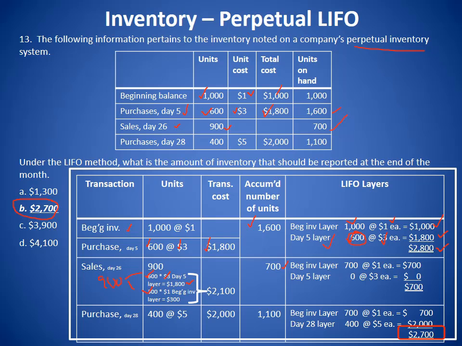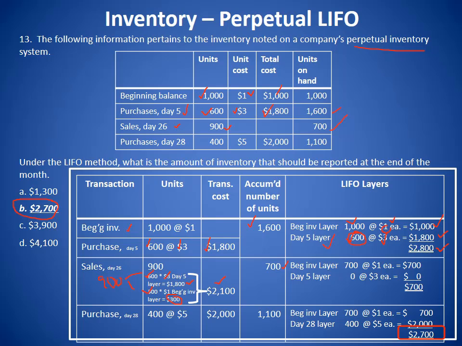So I'm going to take 300 for my beginning layer times its original cost of $1 per unit, and the value of the layer that I'm going to liquidate there is $300. It's 300 units times $1 per unit. So if I add up my total cost of $1,800 and $300, the total transaction cost, the amount of value that I'm taking out of inventory, is $2,100, and moving that to cost of goods sold is $2,100.